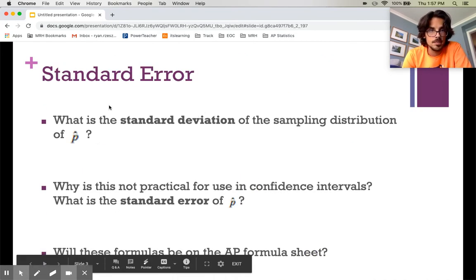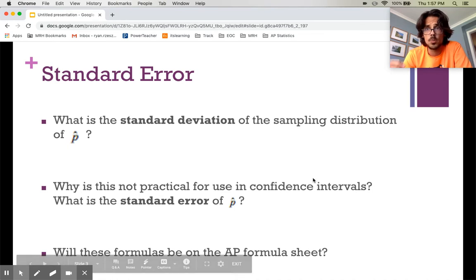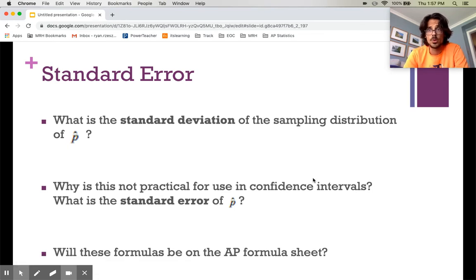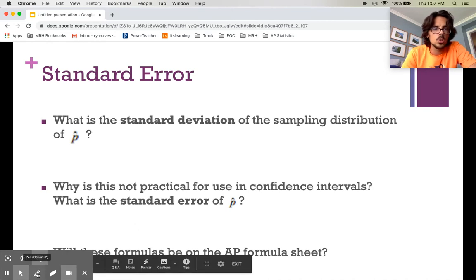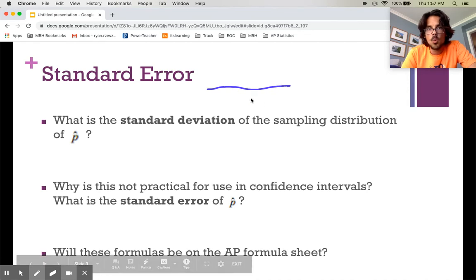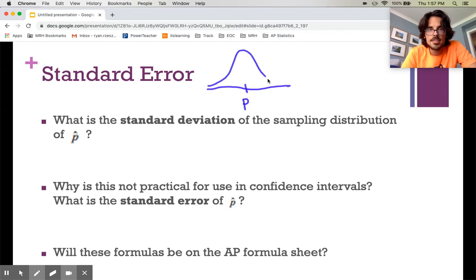And this next page is going to tie into what I was just talking about with P versus P hats. You have to remember, we learned about P hats last chapter. We know that the graph of P hats was centered at real P. The mean of the sampling distribution of P hat was actual P right here.